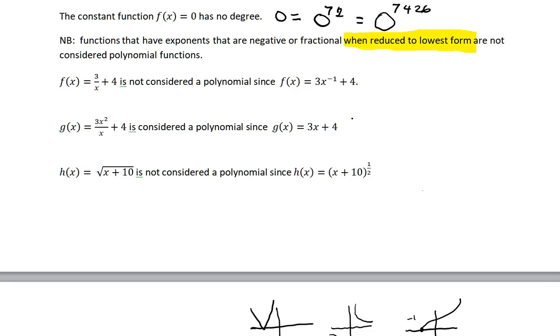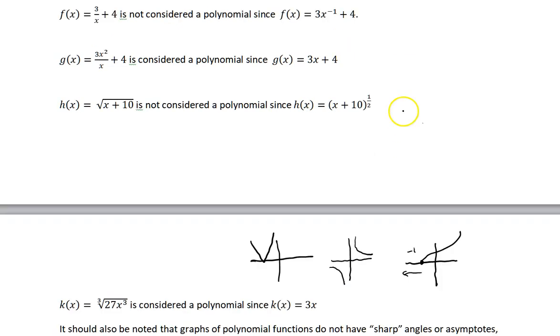So if you have something where, say, our next one here, we have the square root of the quantity x plus 10, that is not considered a polynomial because we have an exponent of 1/2. Right? There's nowhere that we can have that. We have no way of being able to use that as a polynomial.